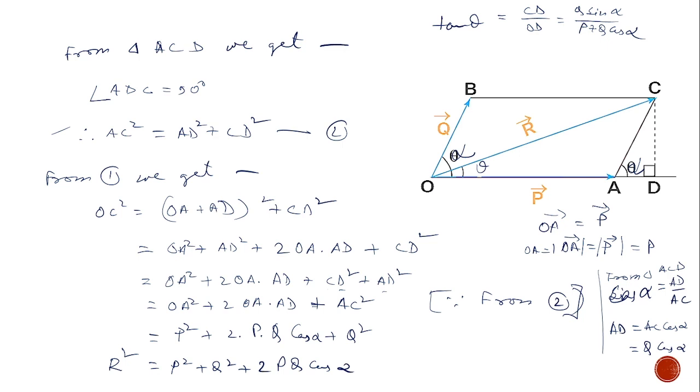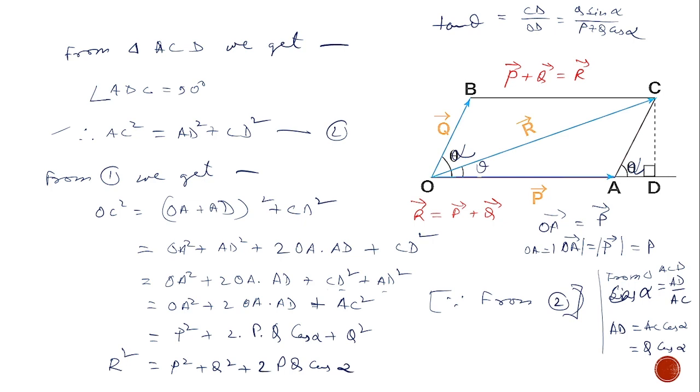As P vector plus Q vector is equal to R, we can also write R vector equal to P plus Q, right?